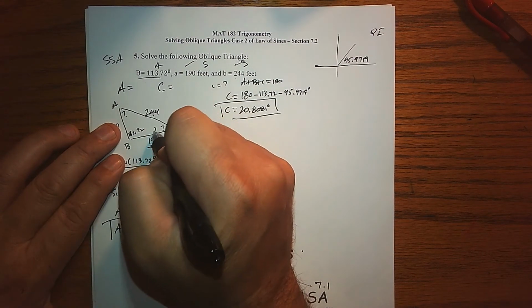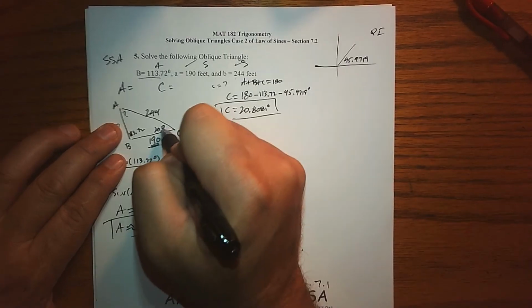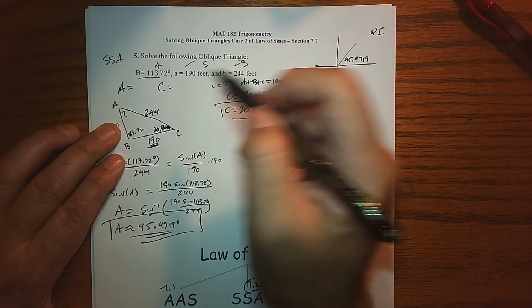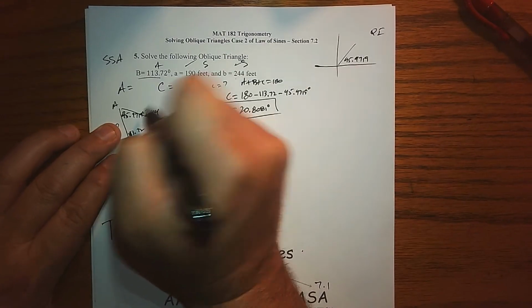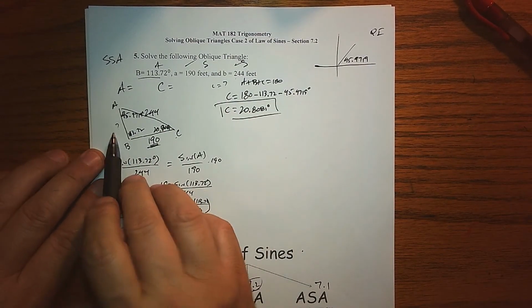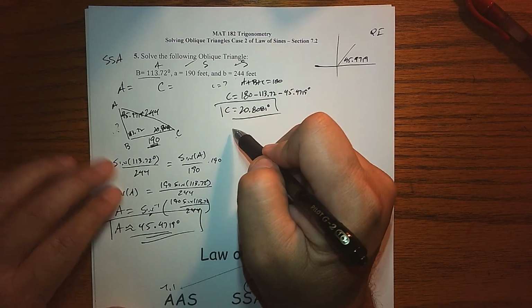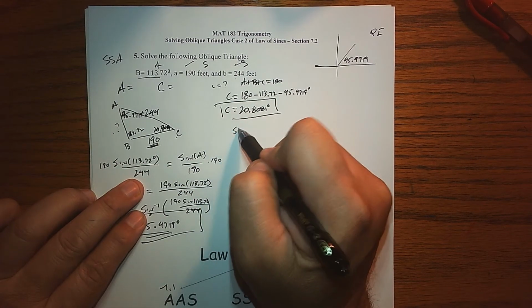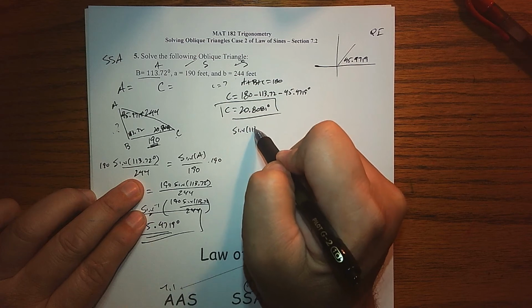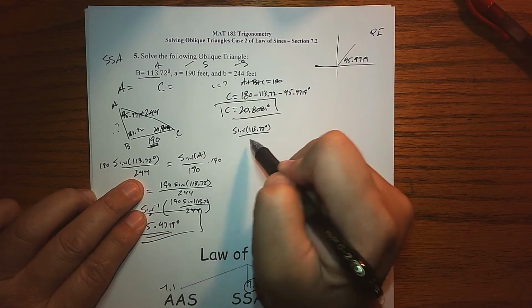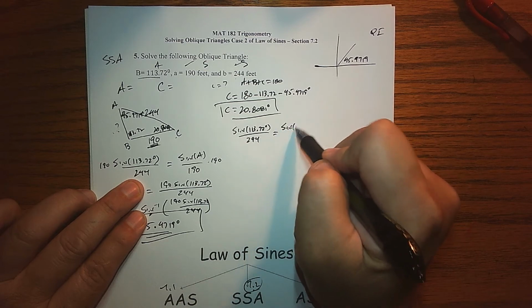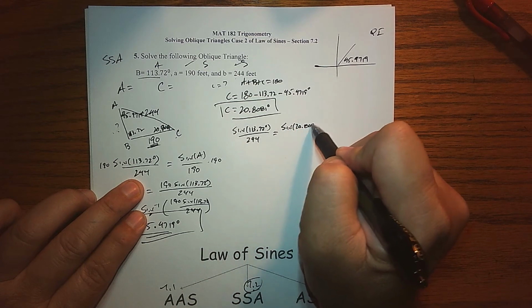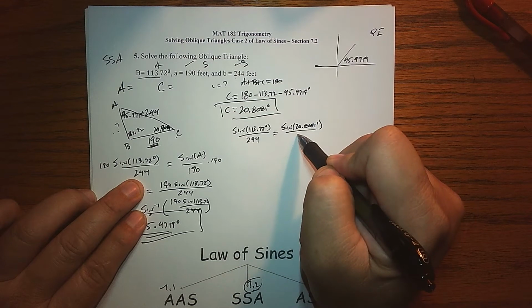So there's the angles that we have for this particular triangle. So this is 20.8081, and this is 45.4719 degrees. So all we have to do now is find side C. So doing that, we'll use the law of sines again. The sine of 113.72 degrees all over 244 is the sine of 20.8081 degrees all divided by little c.